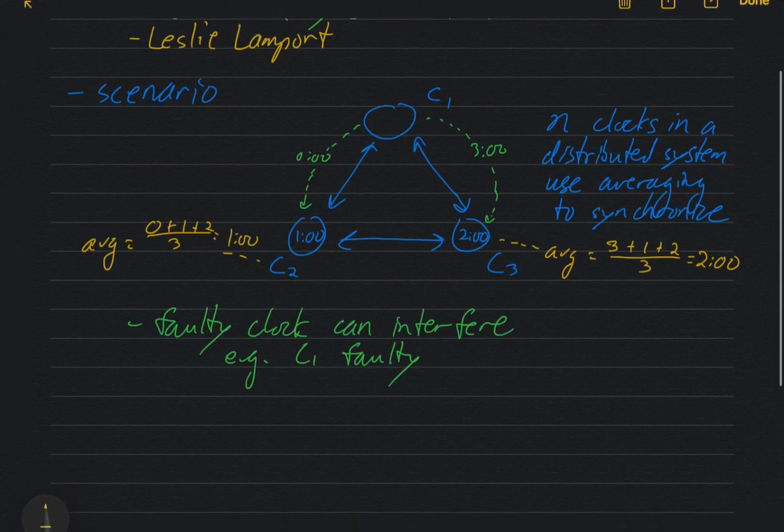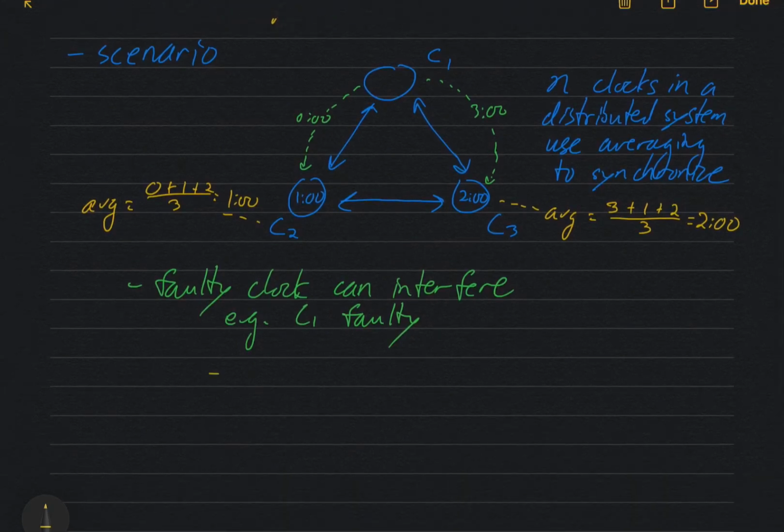The moral of the story here is that averaging doesn't always work. You could argue, what are the odds of clock 1 behaving that way? But when you do care about having a reliable system, then even if the odds are small, you have to worry about it.